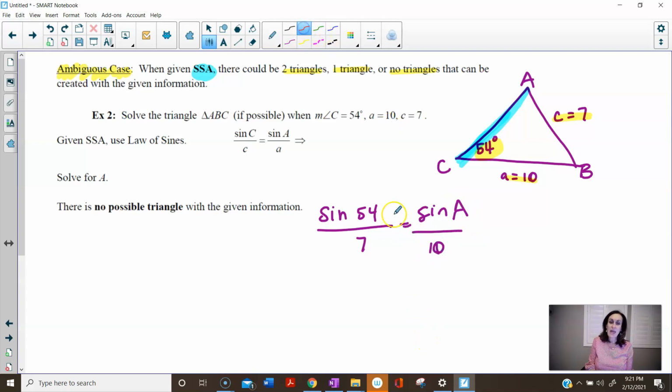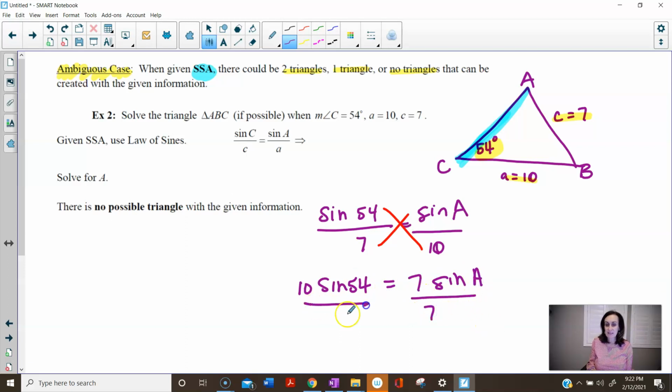Okay, so we're going to go ahead and cross multiply. So that gives us sine of 54 times 10 is equal to 7 sine of A. So you would divide by 7.